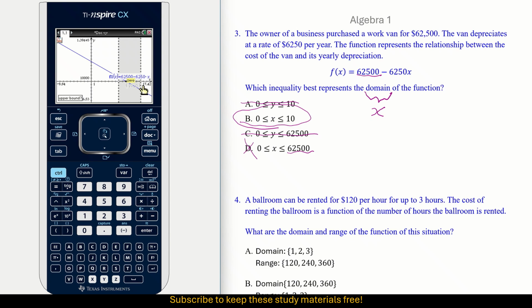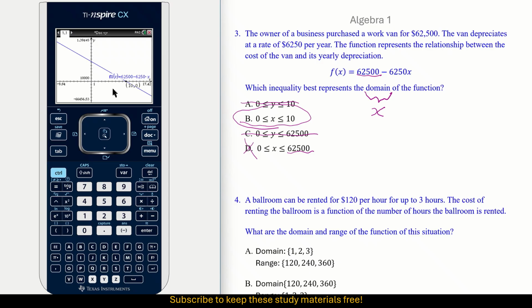And as you drag, it shows you where the zero is. Tap again, and it still says this is the zero, and that is where it crosses at (10, 0). So we know that on the x-axis, logic says, okay, we're in quadrant 1, so that would be 0 to 10, which again verifies option B.